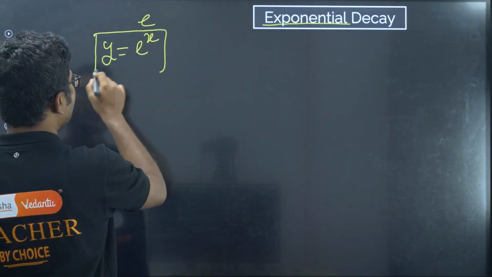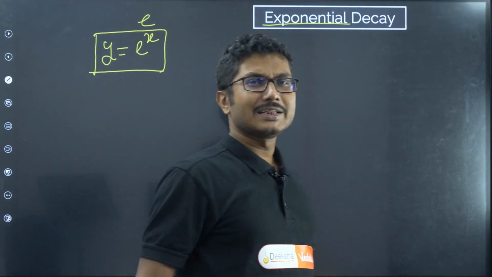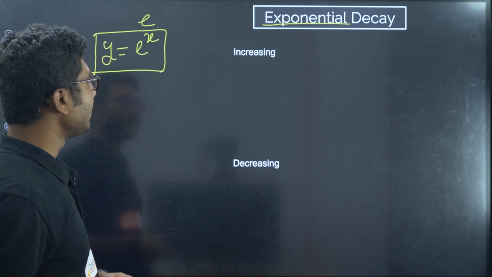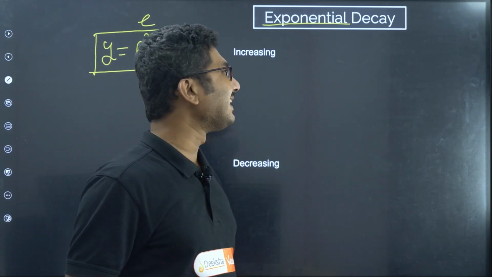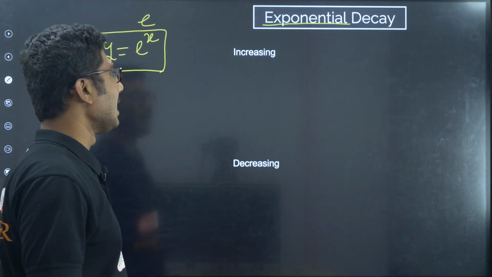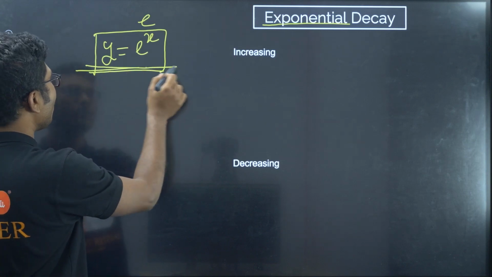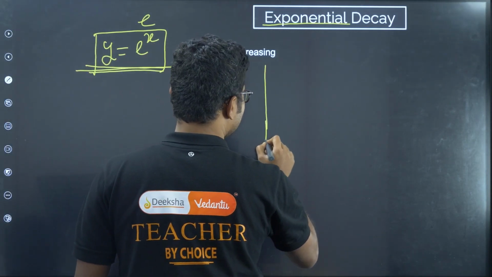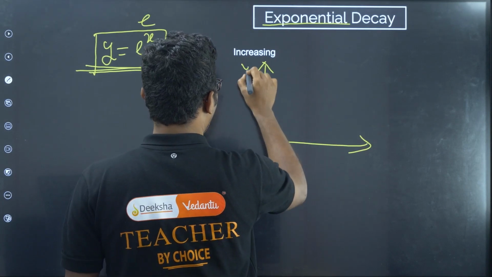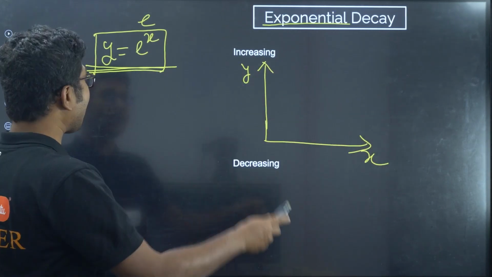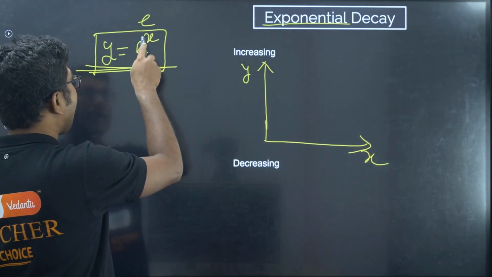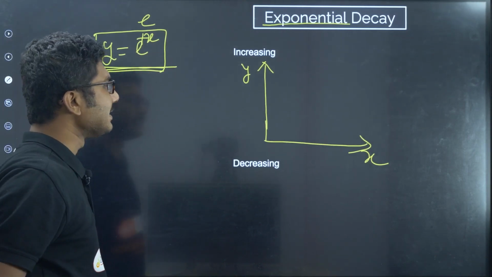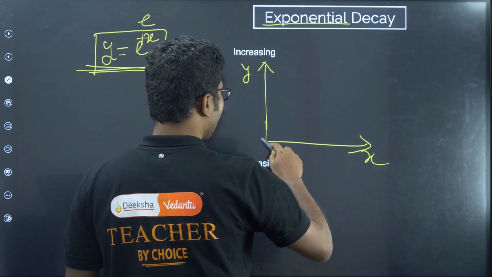Now there is a particular behavior of this function. There are two cases, one where it is increasing, another where it is decreasing. For example, this equation y equals e to the power x is increasing with x. How can we say it is increasing? Because the sign here is positive. If the sign here is positive, then we can say it is exponentially increasing and its graph will look like this.